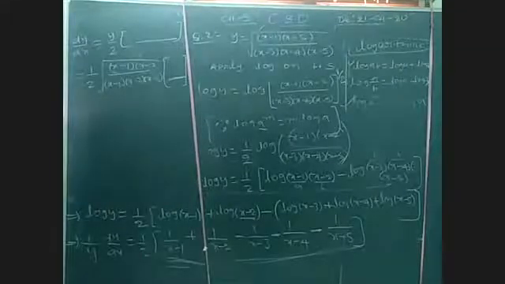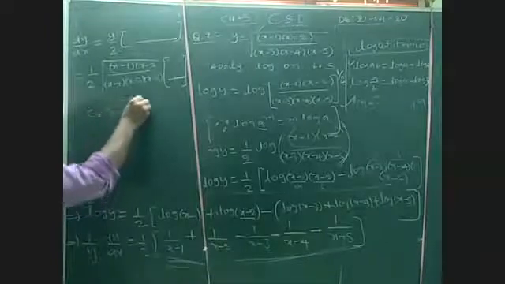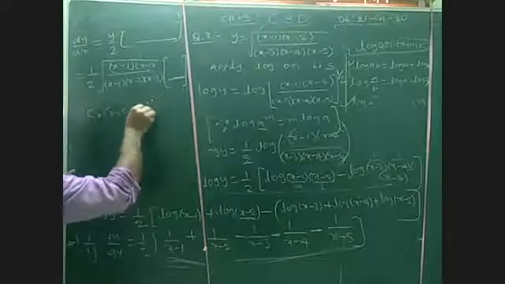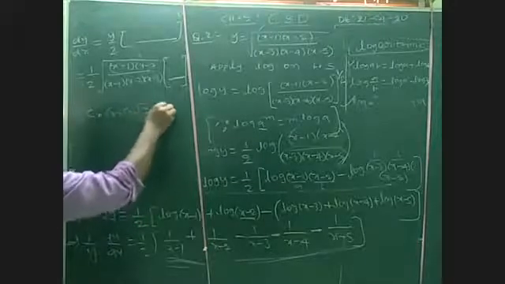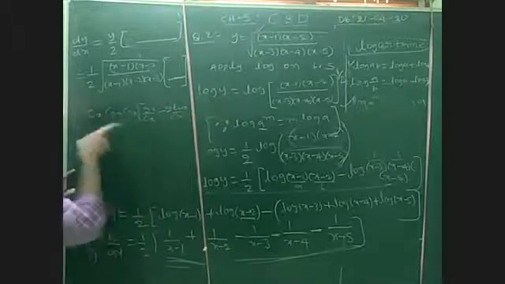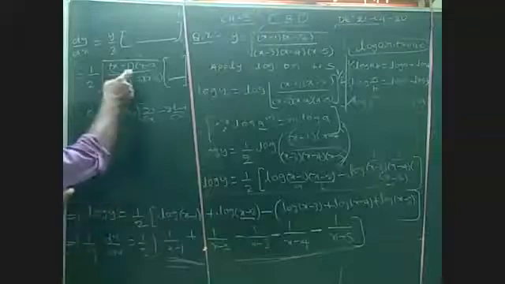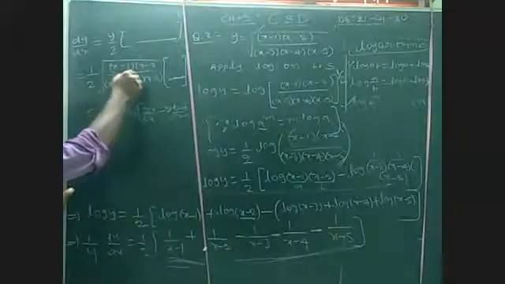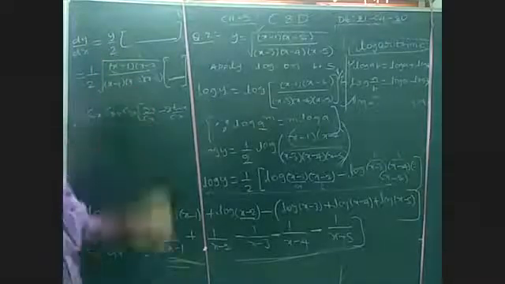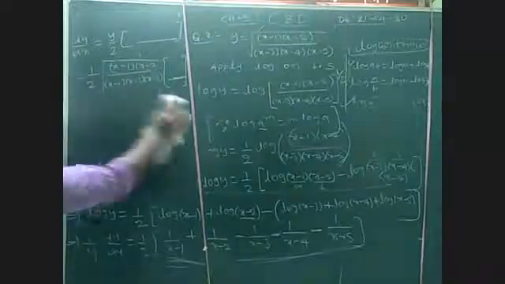Like the previous question, like cos x, cos 2x, cos 3x, we got in terms of tan x minus 2 tan 2x. Tan x can be written as sin x by cos x, 2 tan 2x by cos 2x. See here, in this case we can simplify. Multiply inside, it is very easy. Can you simplify it here? A little difficult. So you can leave this. Up to here you can write, it is enough.